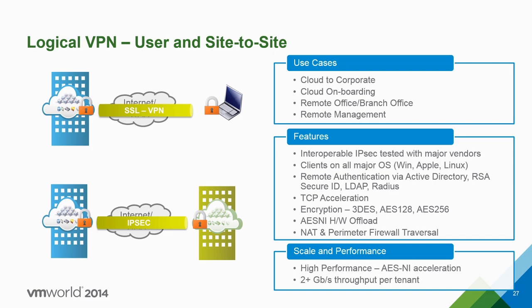Here you need obviously NSX, and we give you an SSL VPN client. We support Windows 7, 8, macOS, Linux. We support different kinds of encryption. Obviously, the higher the encryption, the lower the throughput. That's true for everybody.